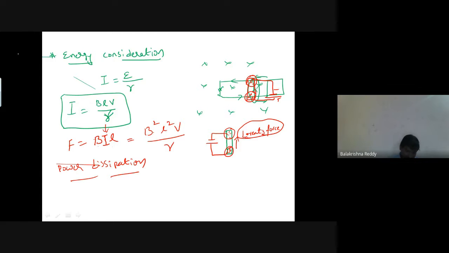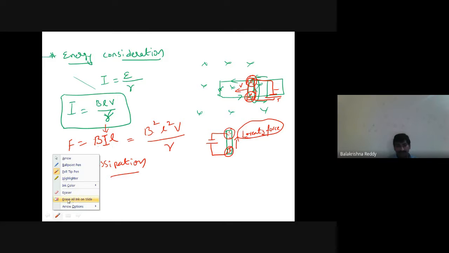Since the rod is moving with velocity v inward at constant speed, it also experiences a Lorentz force against its motion. Here we have to consider two types of powers.